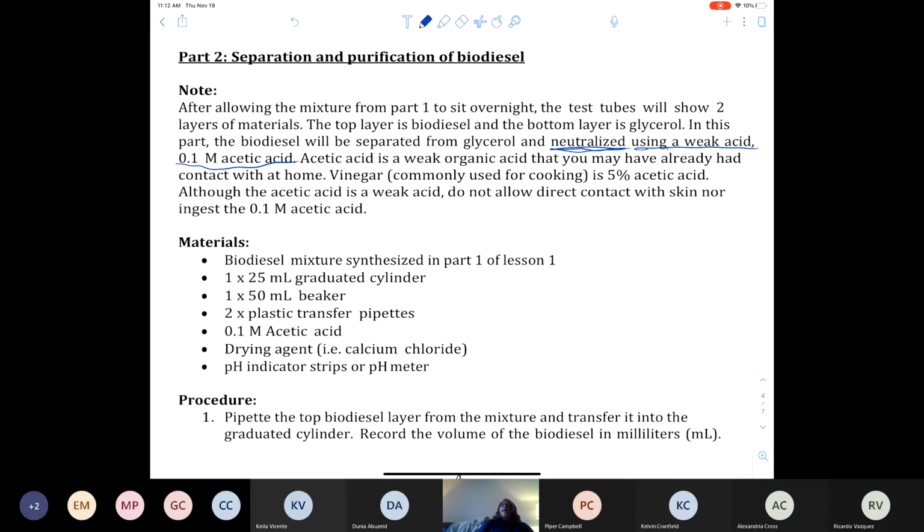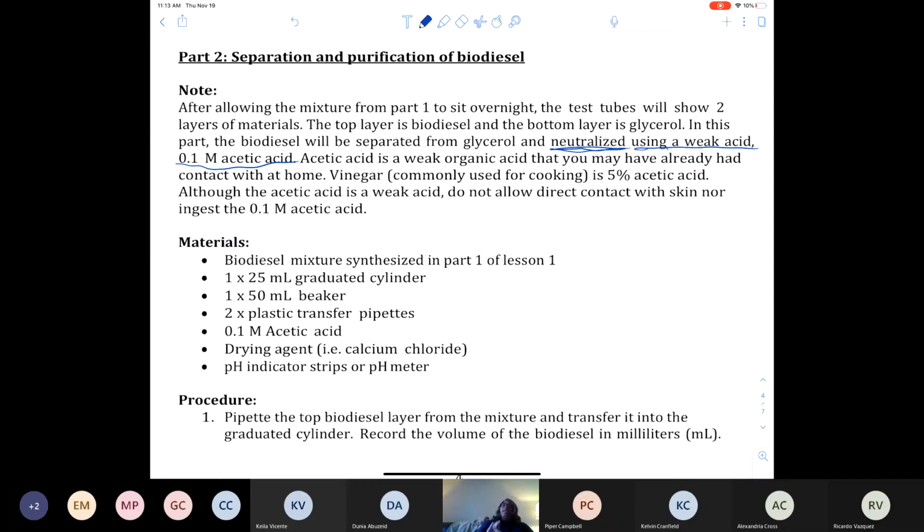After we separate the biodiesel from the glycerol, we'll know the volume of the biodiesel that we made, because when I separated the 2 from each other, I placed them each in a graduated cylinder, and therefore we can read the volume of the biodiesel that we produced.